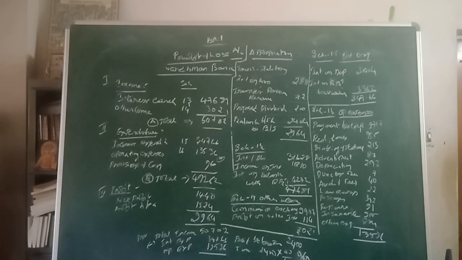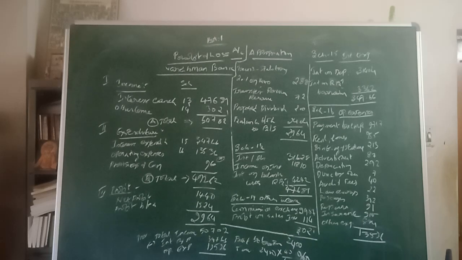Then interest on investments is also income under schedule 13. The simple key factor: whatever income or interest is received is taken on the income side, and whatever interest is paid goes to the expenditure side. That is the basic key factor.